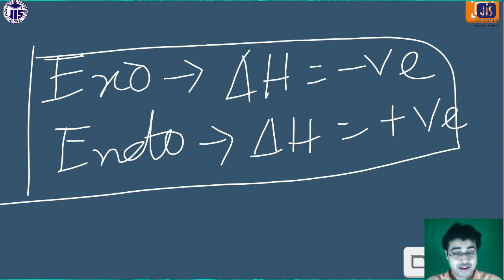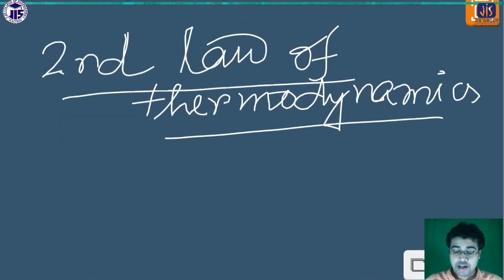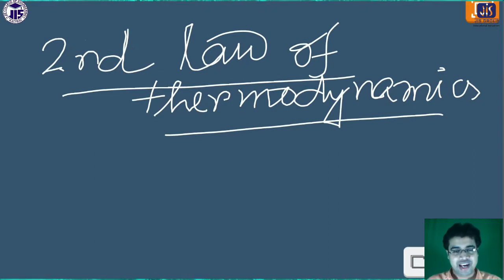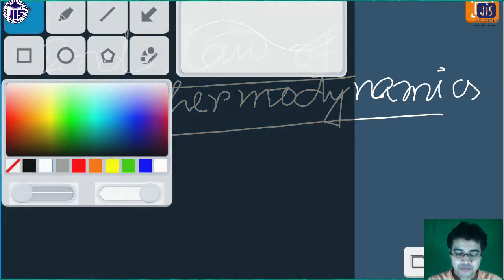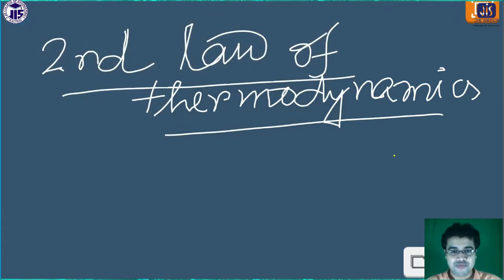Okay, now we will move to the second law of thermodynamics. What I told you in the previous class is that there are some drawbacks of the first law, depending on which we get the second law of thermodynamics. So what are the drawbacks of the first law?